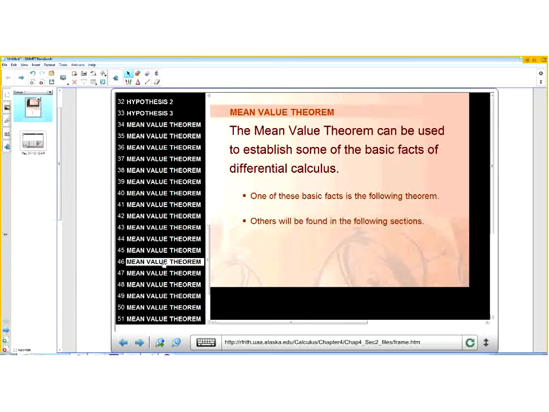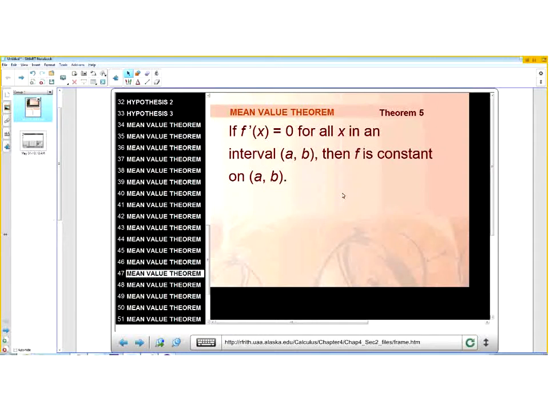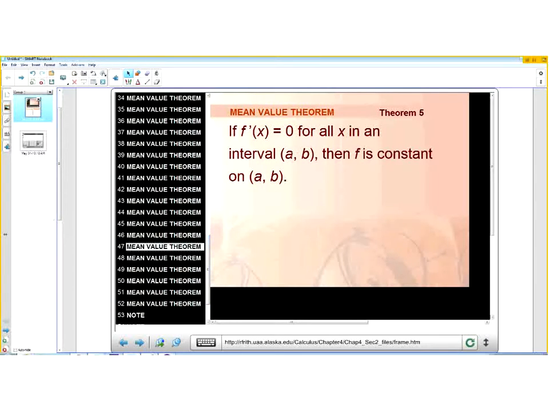So the mean value theorem can be used to establish some basic facts of differential calculus. Here's a consequence of the mean value theorem. If the derivative of a function is equal to 0 for all x in an open interval a to b, then f is a constant.